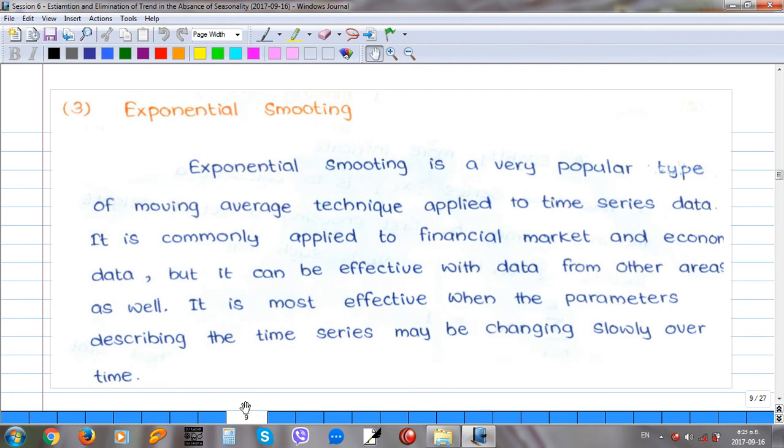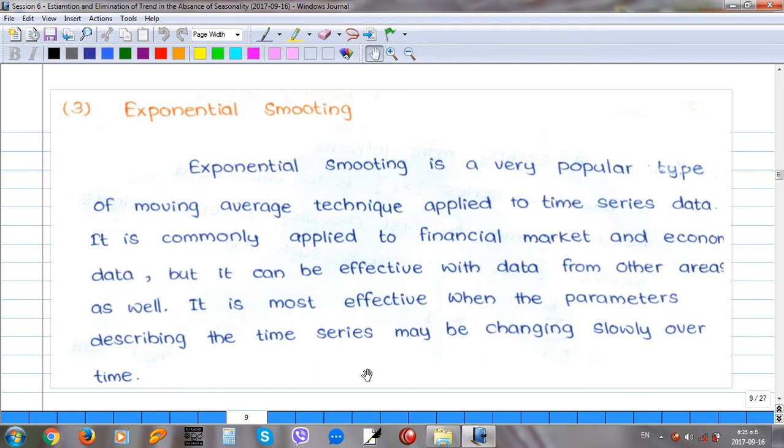We are considering exponential smoothing more, because we are doing some calculations using it. Exponential smoothing is a very popular type of moving average technique applied to time series data. It is commonly applied to financial market and economic data, but it can be effective with data from other areas as well.